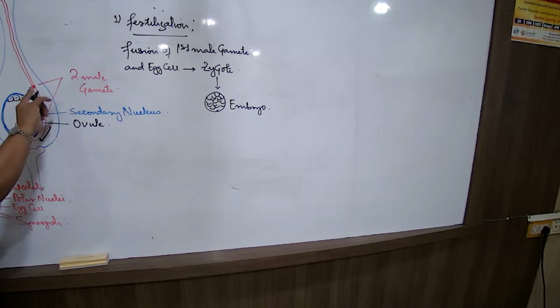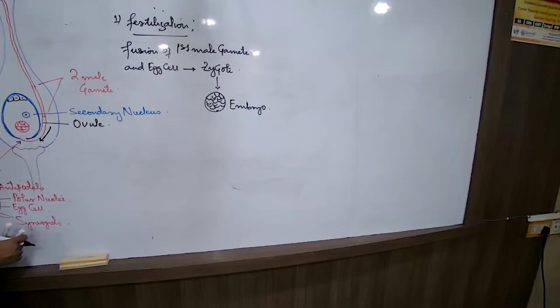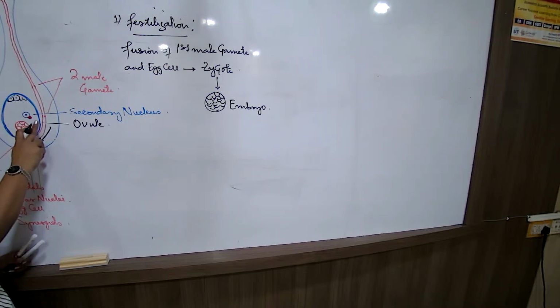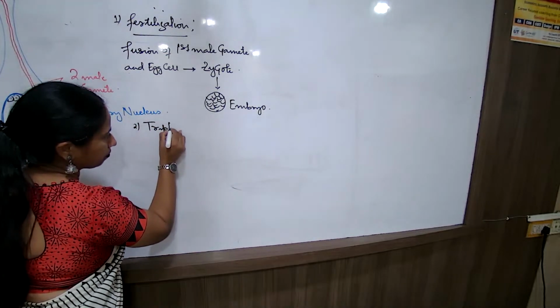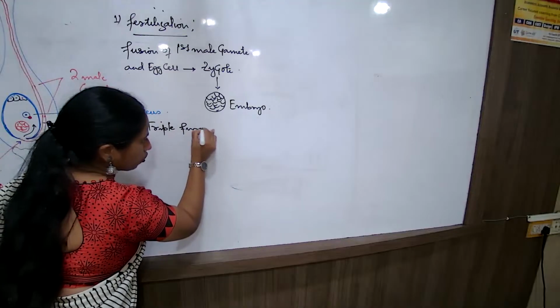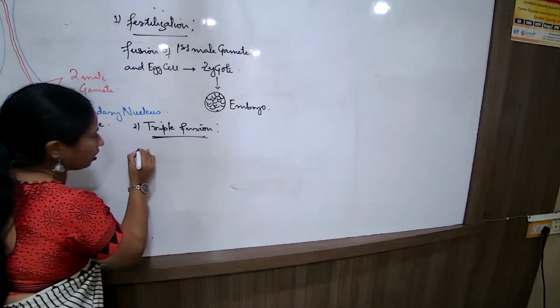Then next, the second male gamete is on its way. The second male gamete now enters, and it goes and fuses with the secondary nucleus, resulting in the fusion of three cells. Yes or no? Two polar nuclei, one male gamete. This step is known as triple fusion. What is the meaning of triple fusion?